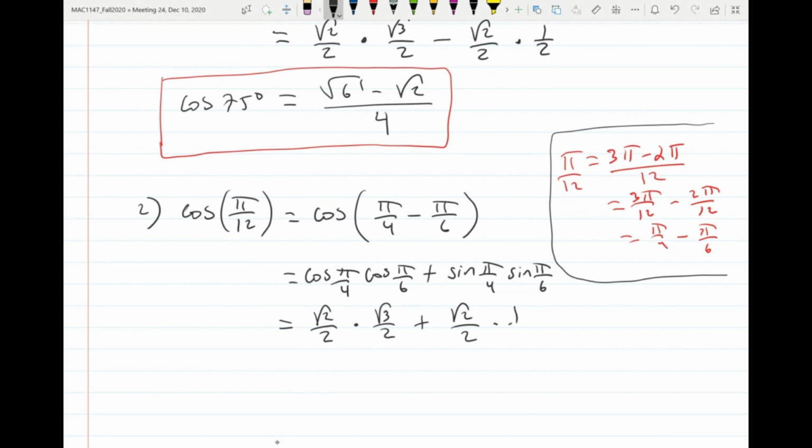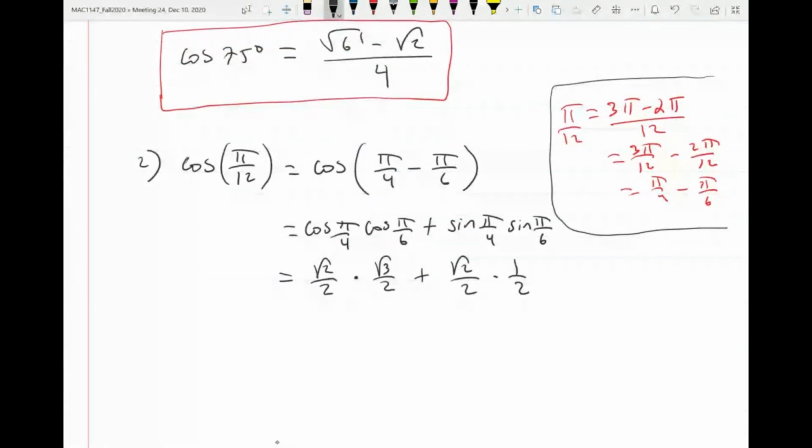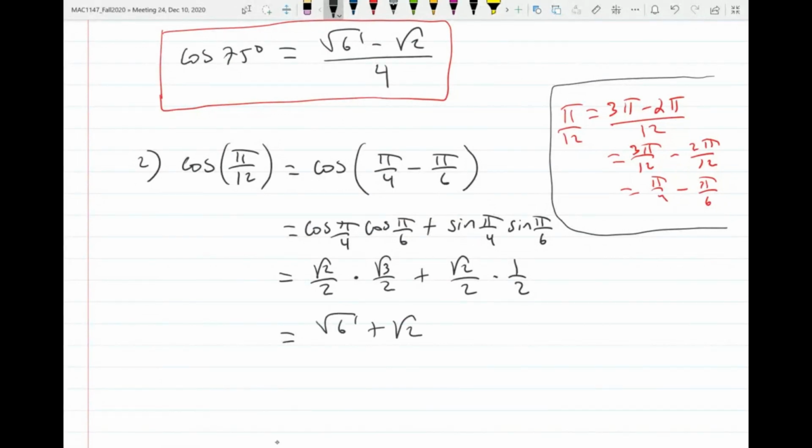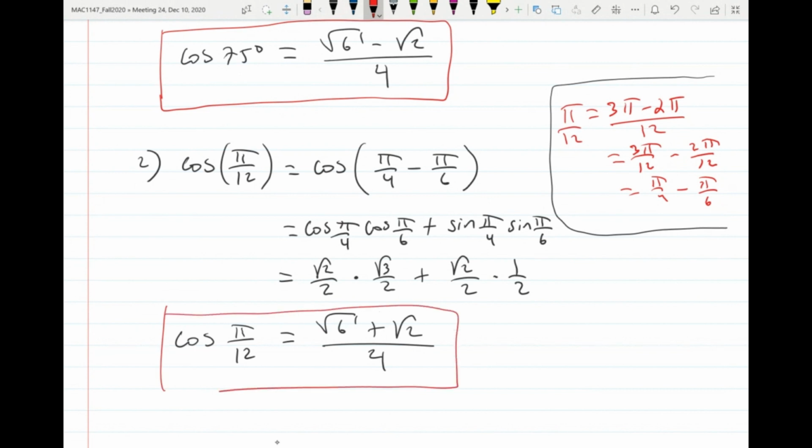And then sine of pi over 6, that's 1/2. So what do we get here? We have square root of 6 plus square root of 2 over 4. That's cosine of 15 degrees, or pi over 12. Okay, questions? Questions on number 2?